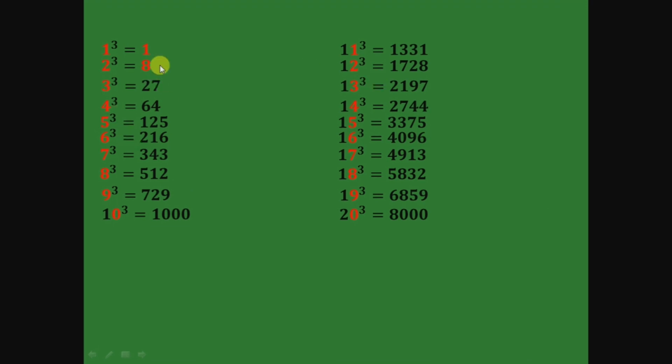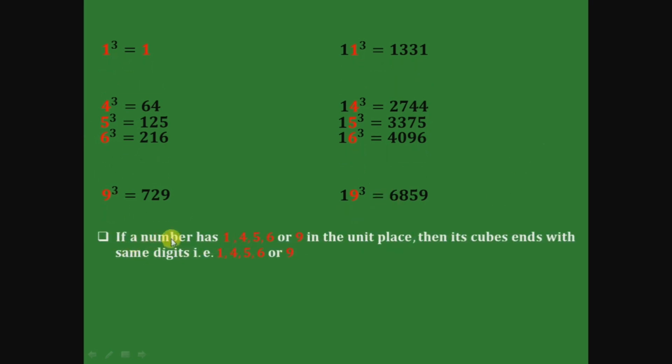Next property, look at this number properly. From here we can say that if a number has 1, 4, 5, 6 or 9 in the unit place, then its cube ends with the same digit, 1, 4, 5, 6 or 9.